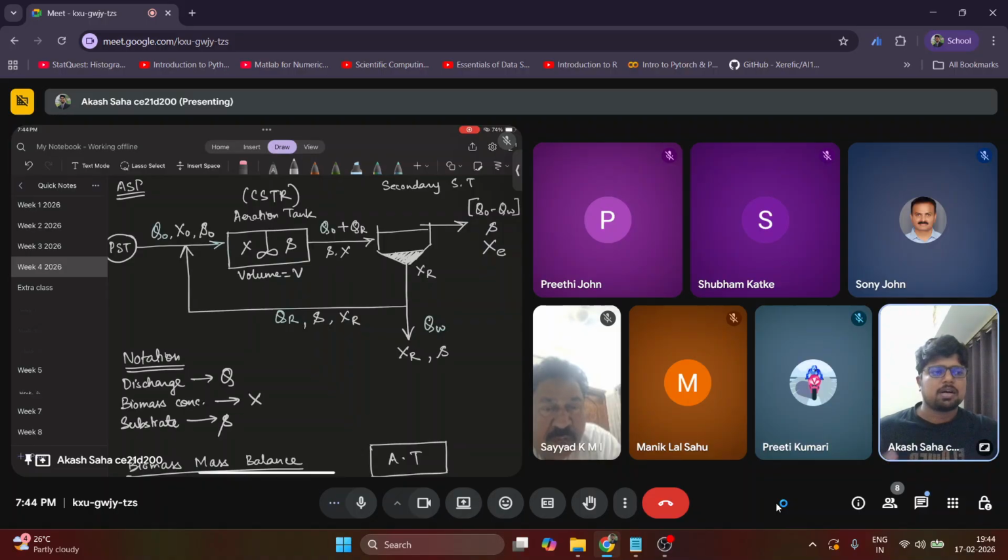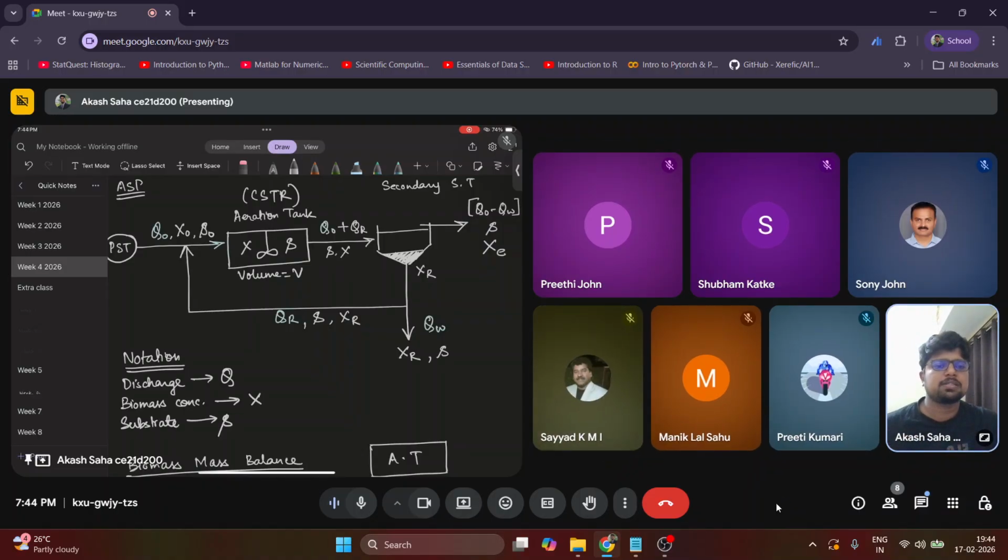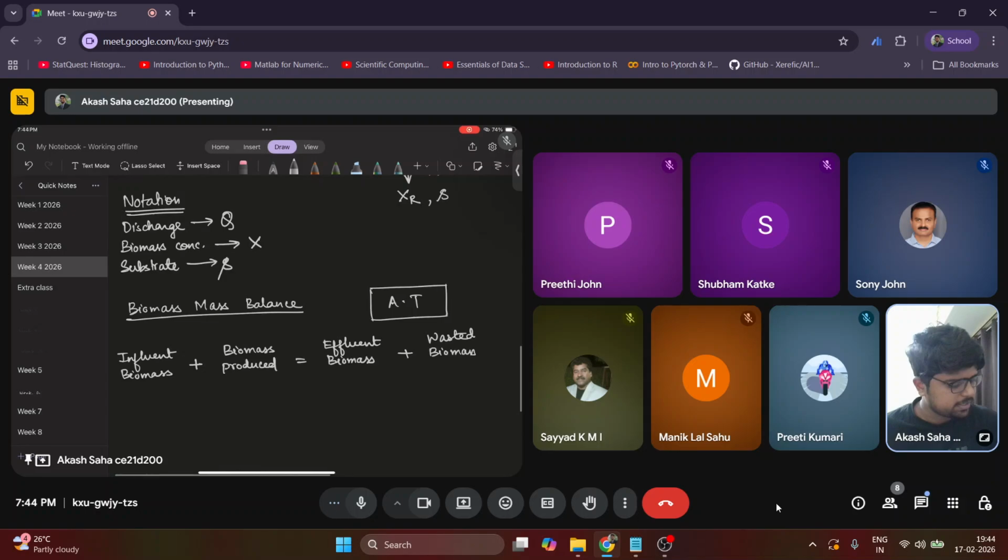I said we are keeping the mass balance, so per unit mass will be constant. Q into X naught? Yes, it will be Q naught into X naught, not Q into X naught. So Q naught into X naught is my influent biomass that is coming.